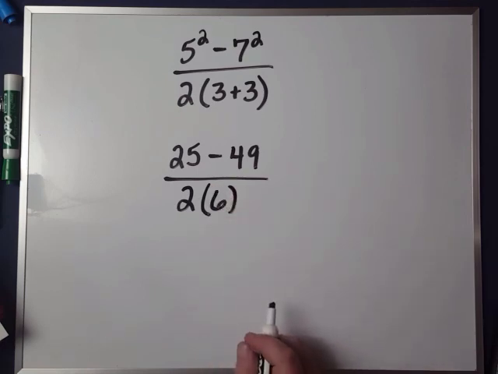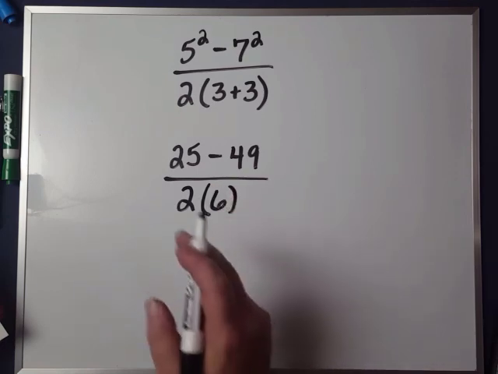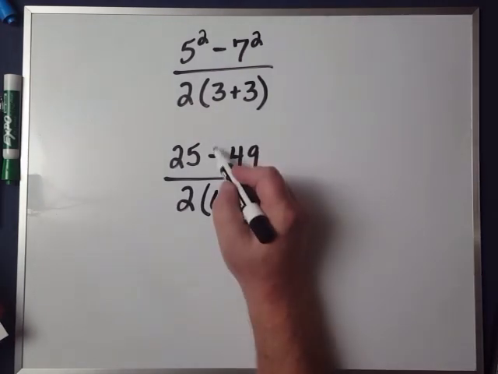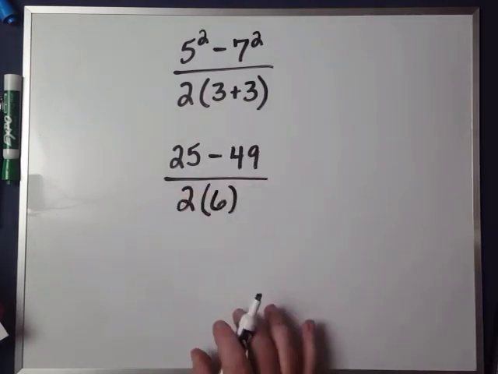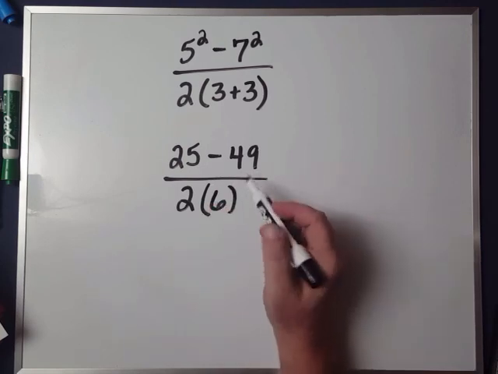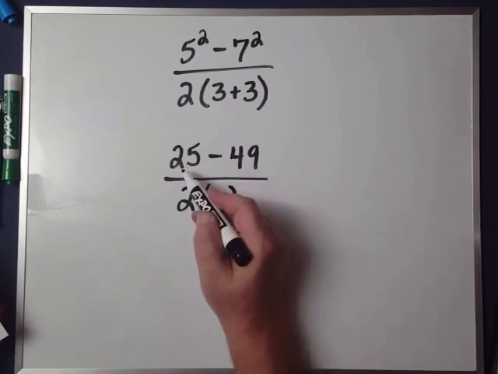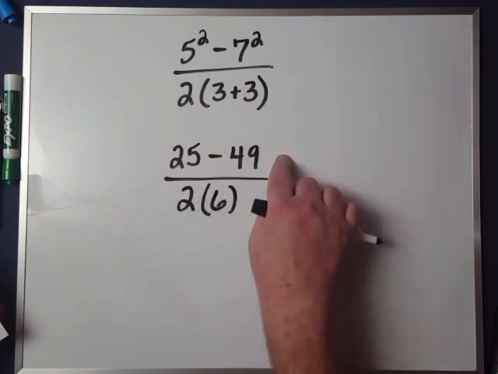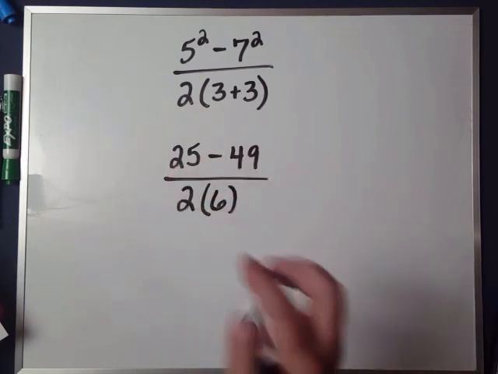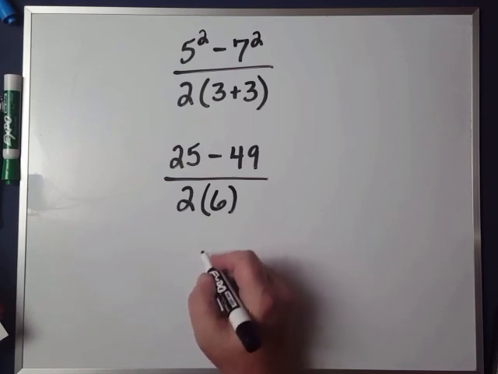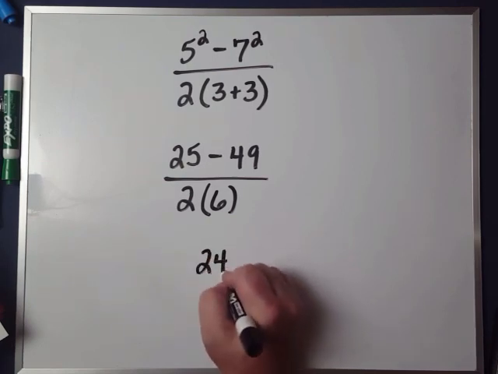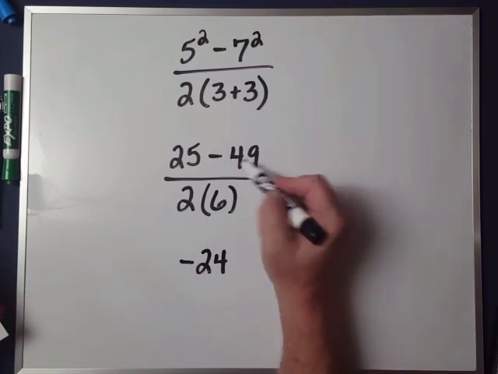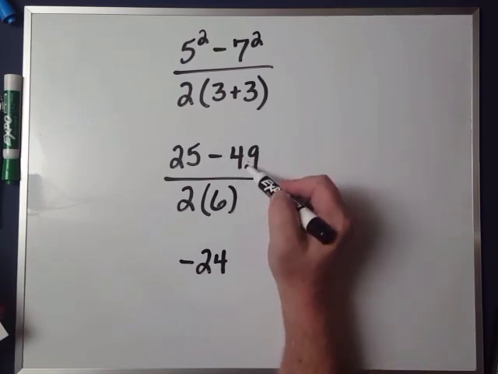Back to the top. 25 minus 49. I can make 2 marks here, but I mean, think about it. Isn't that just going to be the same as 49 minus 25, but negative, because we're subtracting off the bigger number? 49 minus 25 leaves me 24, but it will be a negative 24 because the larger number had the negative sign.